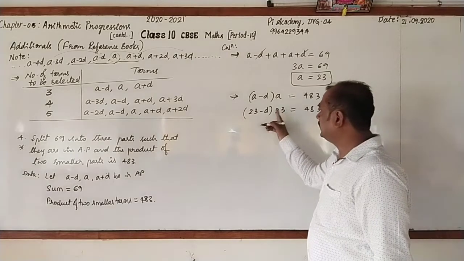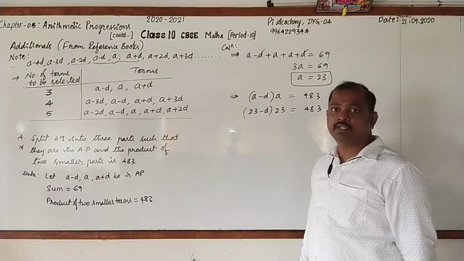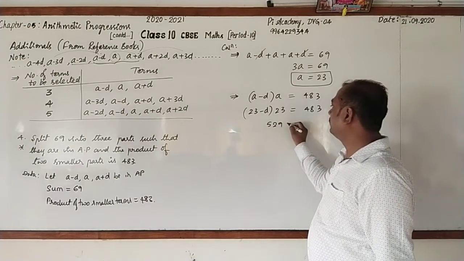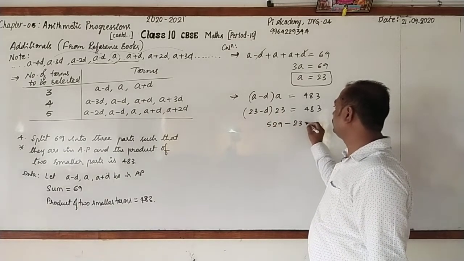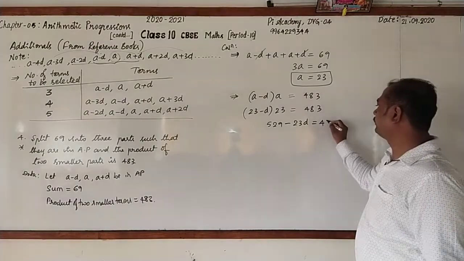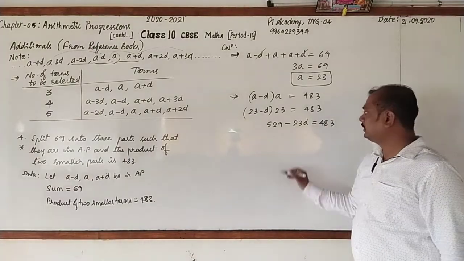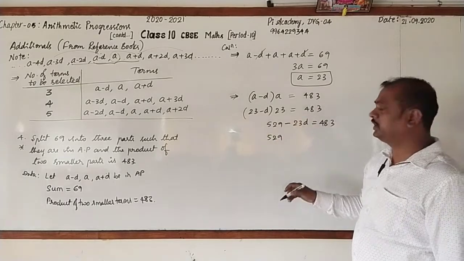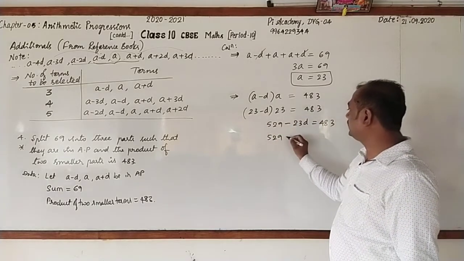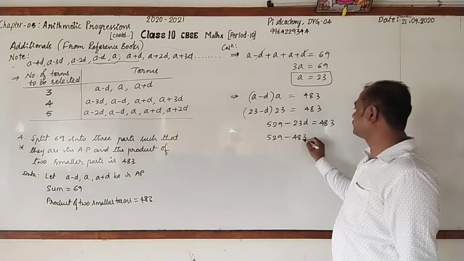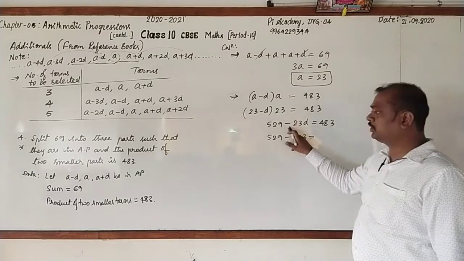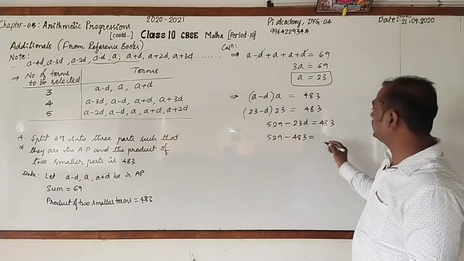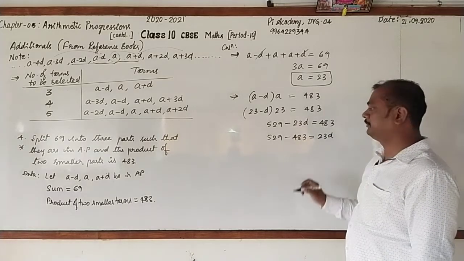Next, multiply: 23 23s are 529. 529 minus 23 into D, 23D, is equal to 483. Next, 529 as it is, transfer minus 483 to the left hand side, it becomes minus 483, which is equal to transfer minus 23D to the right hand side, it becomes plus 23D.